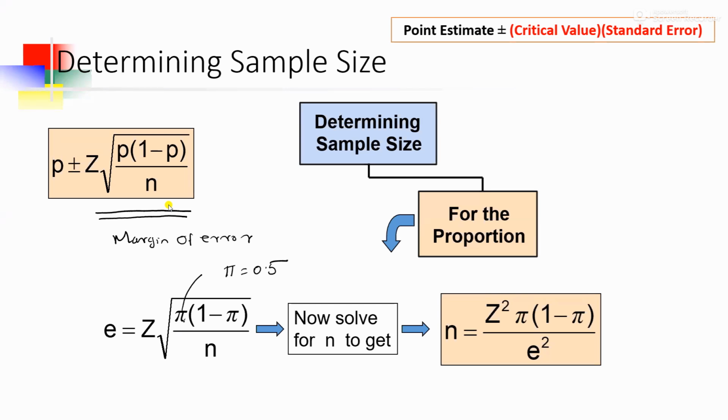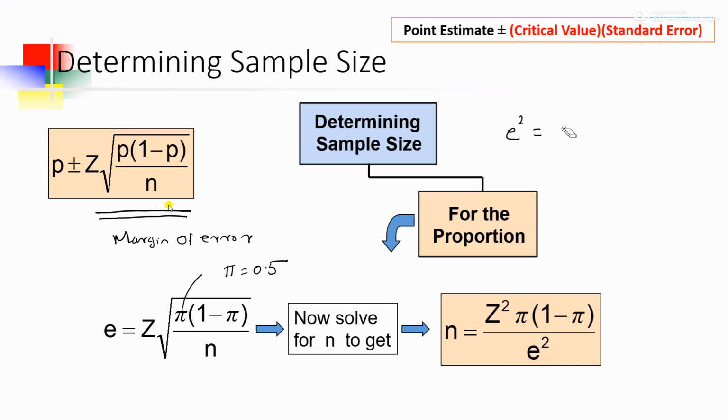Pi from previous studies you can collect for the current study, or using the pilot study we can find out what pi is, or conservatively we can take pi equal to 0.5. Now here also the margin of error is in the radical sign. So to find n, you have to square both sides.